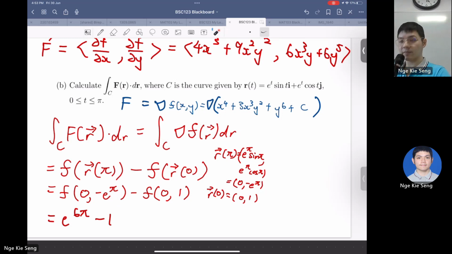See if you get e to the 6 pi minus 1. Any question?